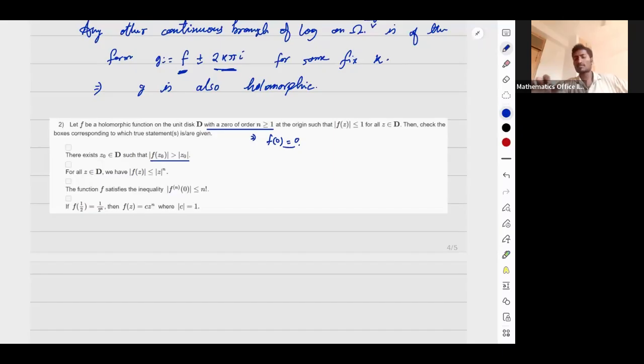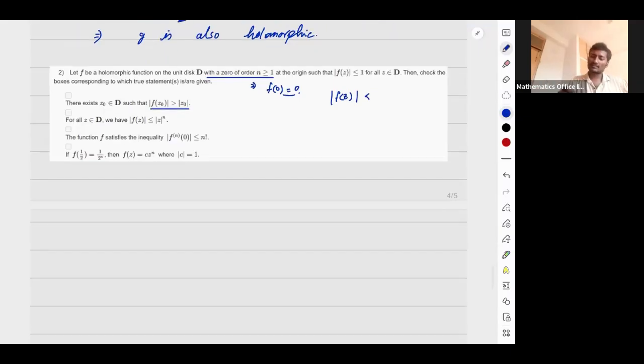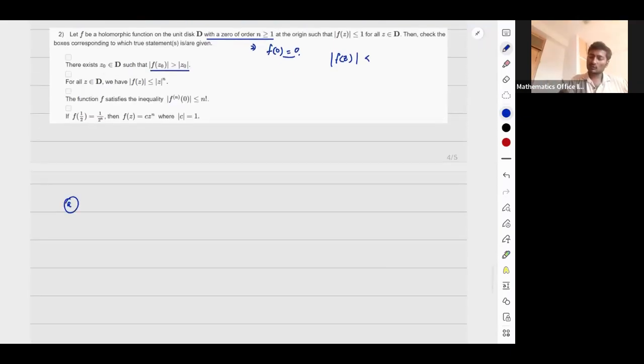So now we just use Schwarz lemma, and we can write here what Schwarz lemma implies. f of 0 is equal to 0 and f from D to D is holomorphic.